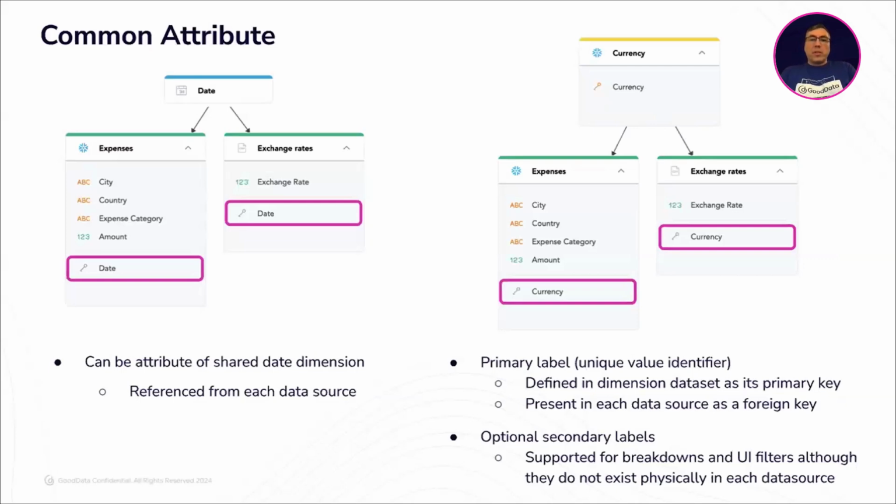So there is a requirement that these common attributes must be defined as a primary key in the dimension dataset, and they must exist in form of foreign key in the different data sources that you want to combine.